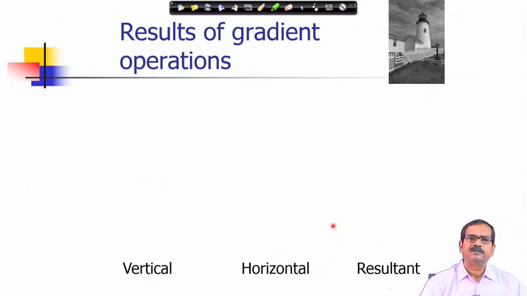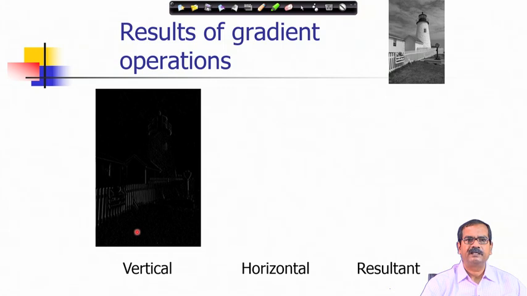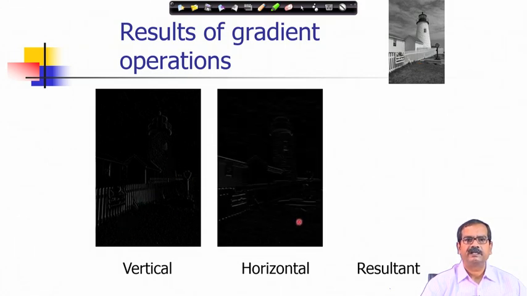So, the results of these gradient operations, let me show you here. Consider this is your original image, and if I compute the vertical gradients, I am showing those pixels where vertical gradients are very prominent. You can see those vertical bars of the fences become prominent in this particular image. For horizontal gradient, again the horizontal fences which are parallel to the ground become more prominent.